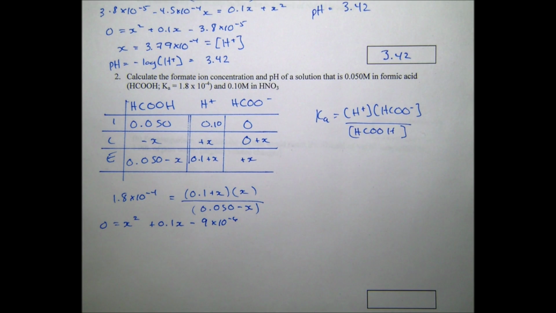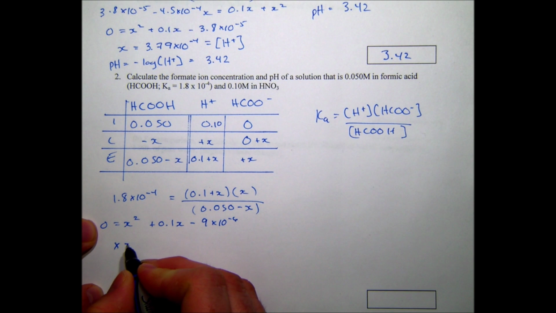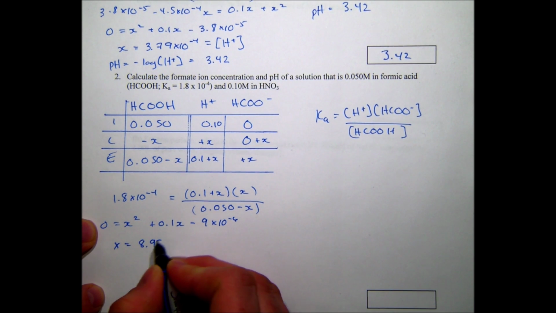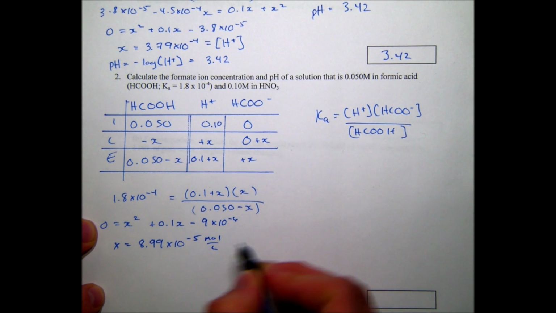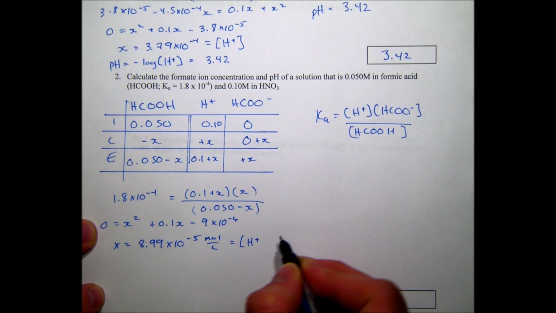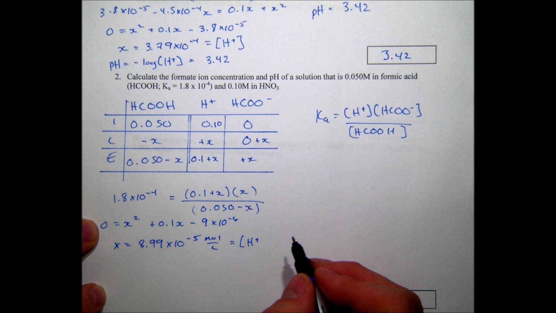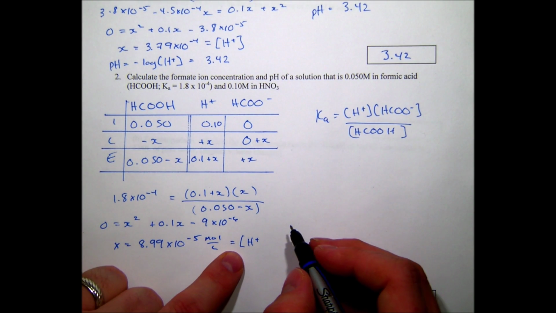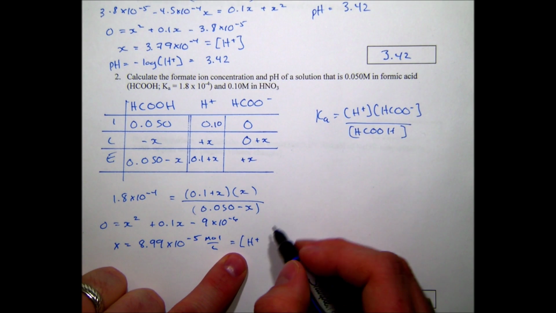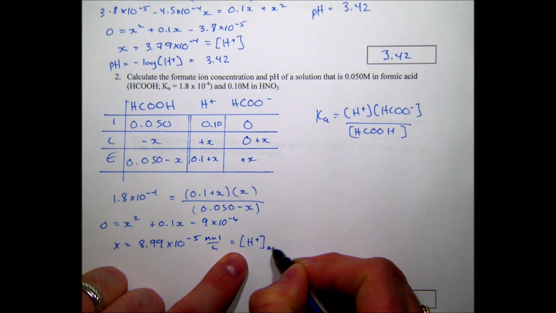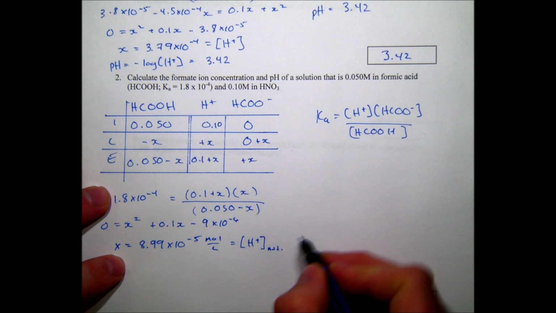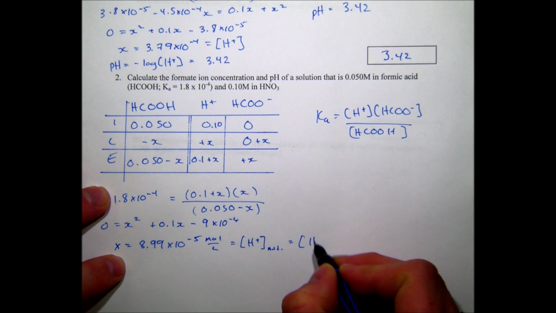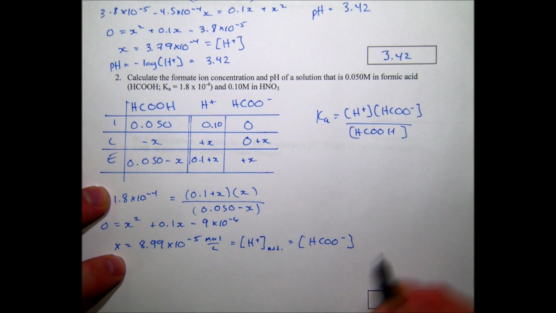So we have a, b, c, so we can use our quadratic formula and solve x to be 8.99 times 10 to the negative 5 moles per liter, which is equal to the concentration of the additional H plus, and it's also equal to the concentration of the formate ion.